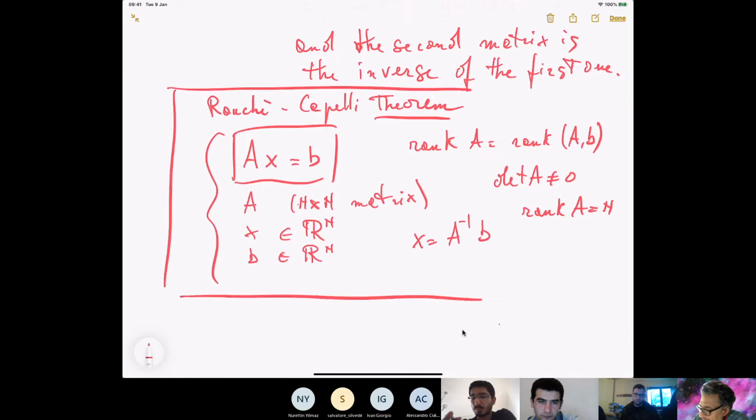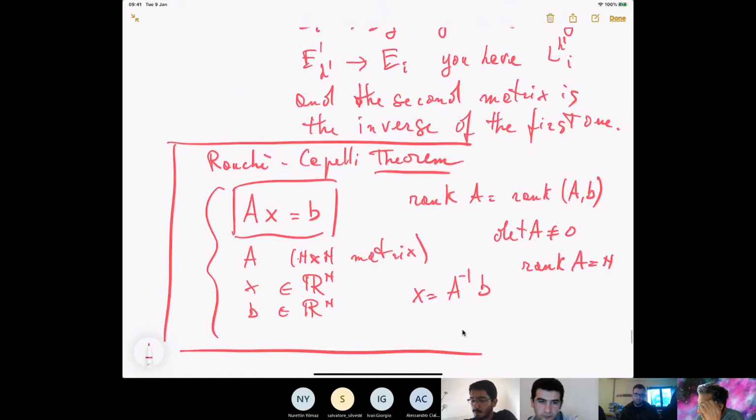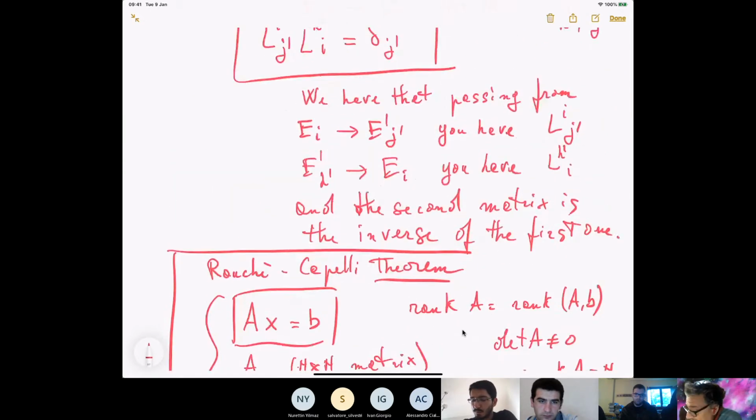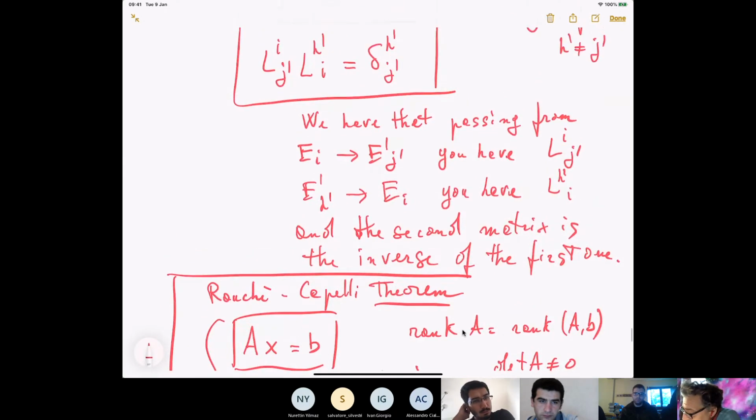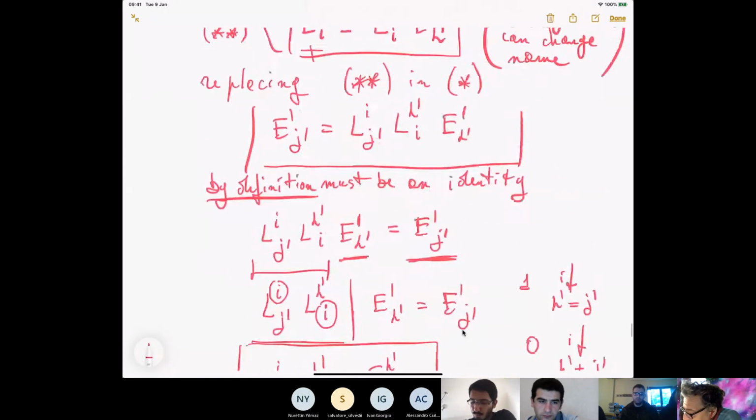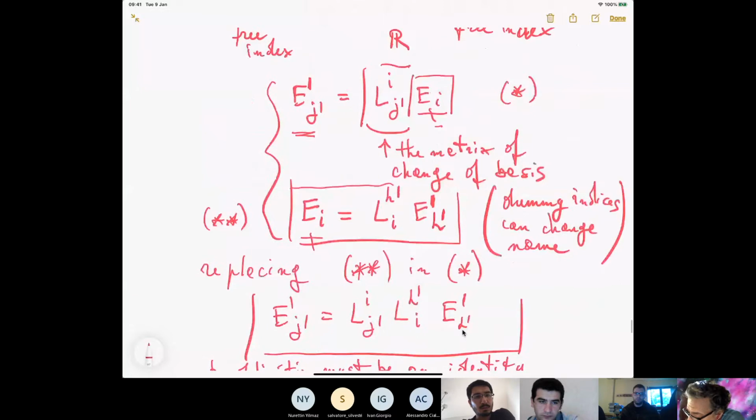Why am I reminding you this? Because a trivial consequence of this theorem, think about it, this easy, is that this matrix here, L, has determinant different from 0. So you can have the inverse.